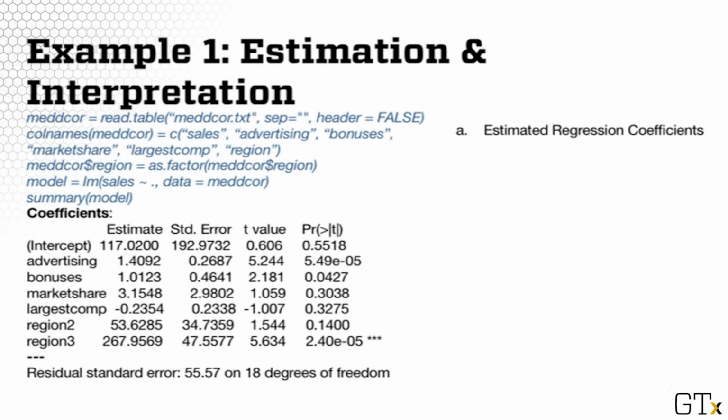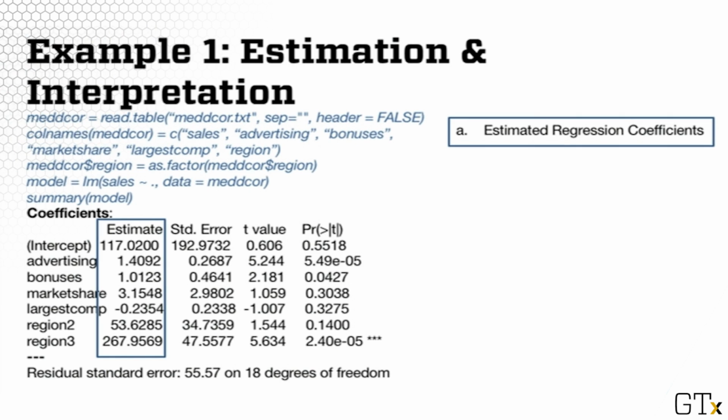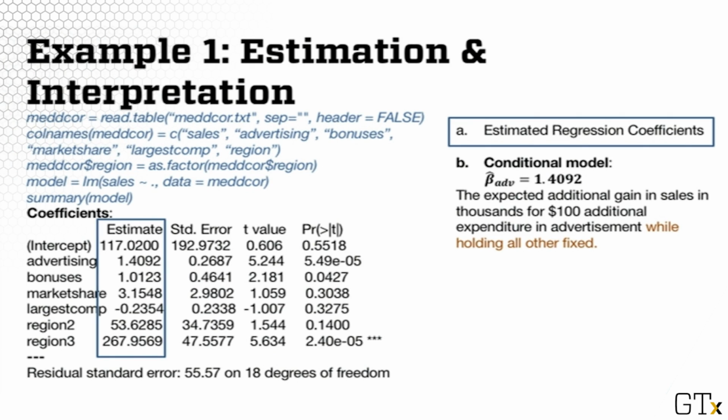And this is a portion of the summary of the model. What I'm highlighting here are the estimated regression coefficients, particularly if we want to look at the estimated coefficient for advertising expenditure. Here, the estimated beta is 1.4092.